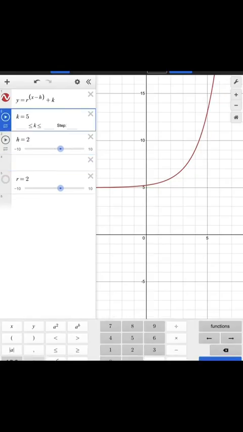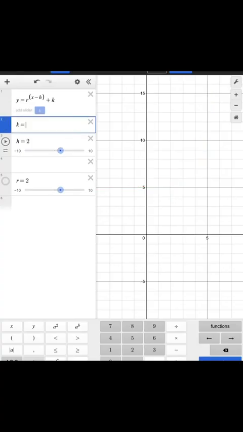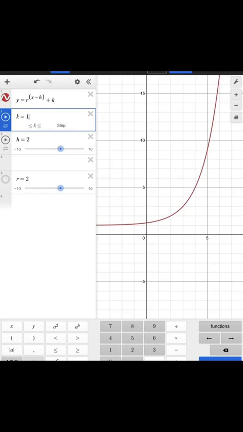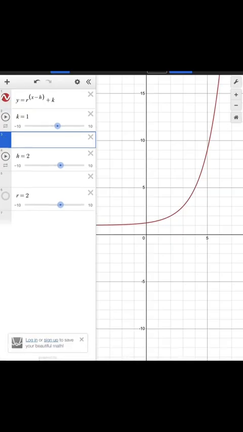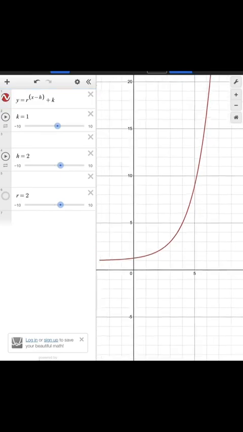And we said shifted 1 unit up in the vertical y direction, so k is equal to 1. So the equation, or the graph will look like this, and the equation will be y equals 2 to the power of x minus 2, plus 1. Okay. All right.